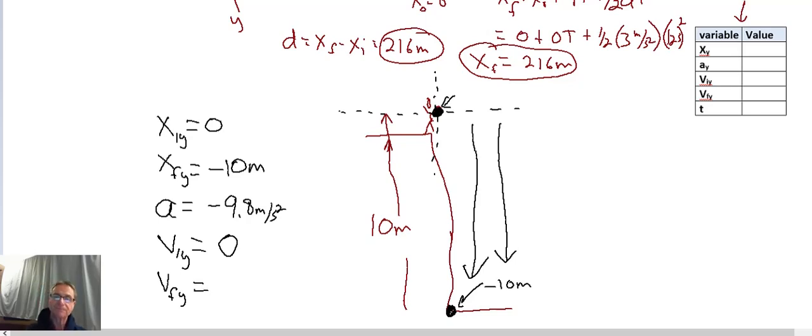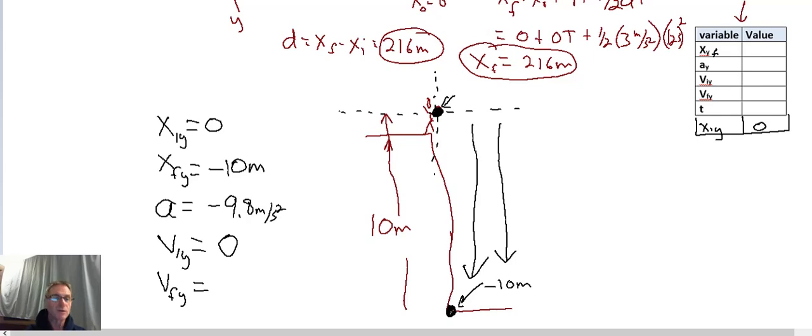Okay? Now, what equation should I use? Well, we have x in the y direction. We have the initial value of x. I should add a row here, and I should have x initial in the y direction, and x final in the y direction. Okay, x initial in the y direction is 0.